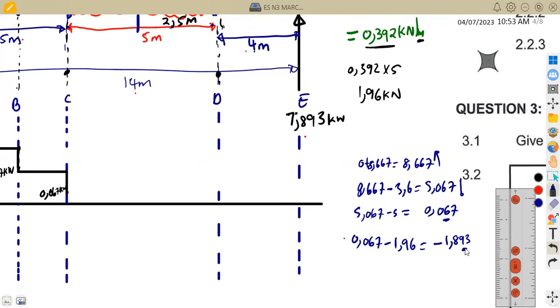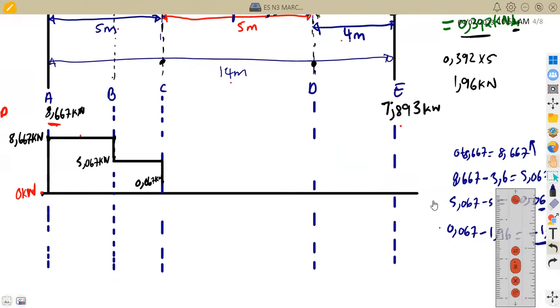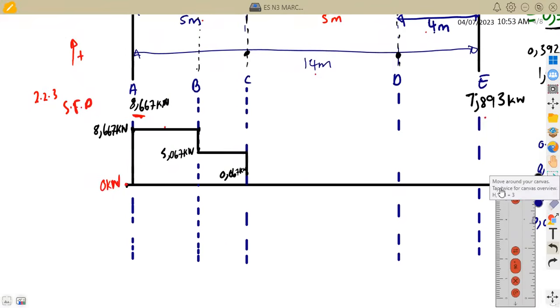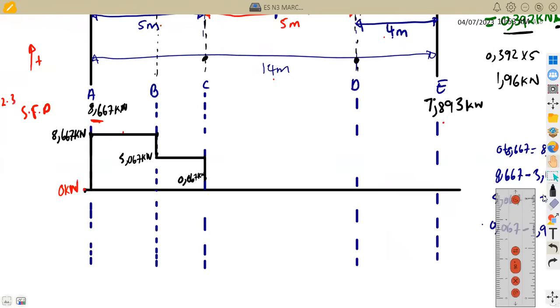It is going to give us a negative 1.893, which is in the negative region below this line, and it's a UDL, which is going to be a slanted line like this. So it is going to slant down to negative 1.893. Approximately, according to your scale, assuming here it is going to be at this point D, maybe we are having this at this point.